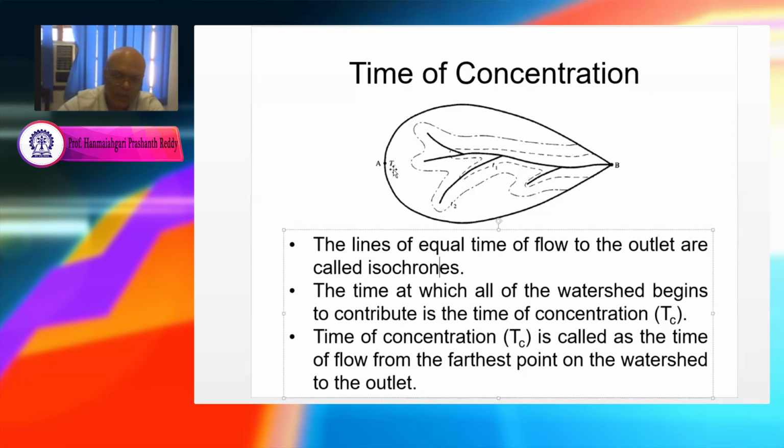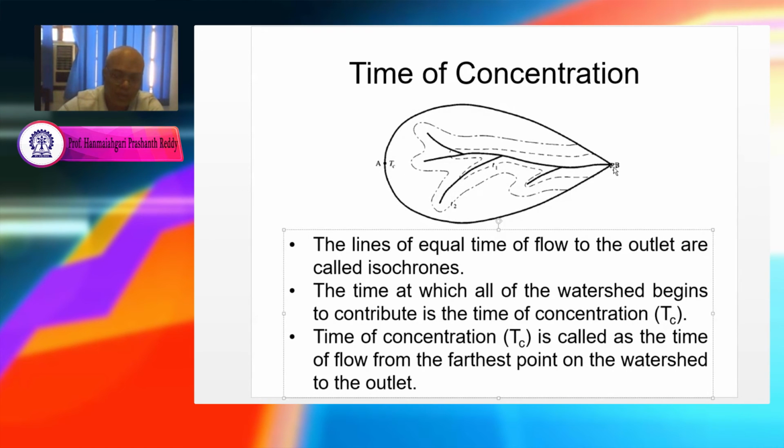Finally, the farthest point, here in this case A, takes the most time to reach the outlet. But once this water reaches the outlet from the farthest point, by that time all the water from all the areas is reaching the outlet. That means the discharge will be high.